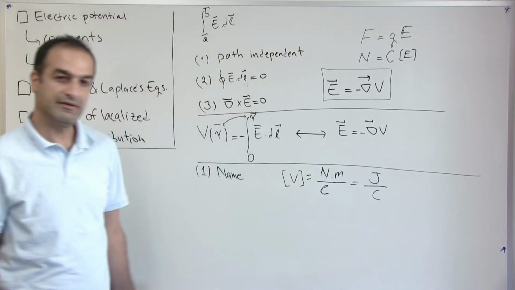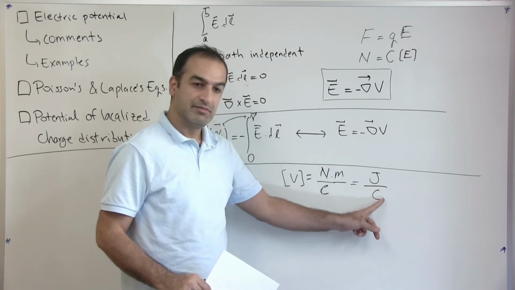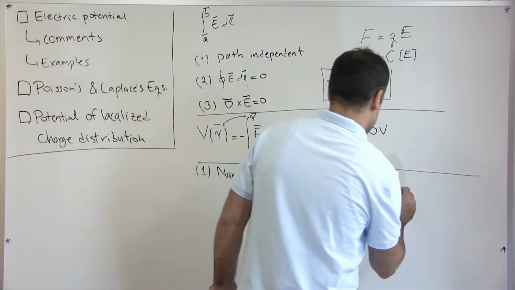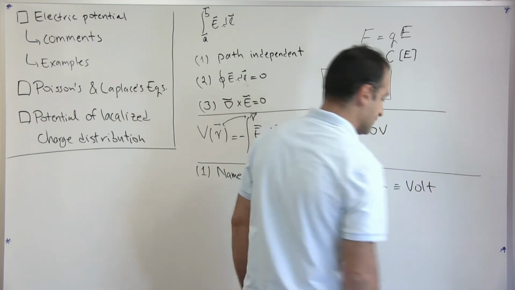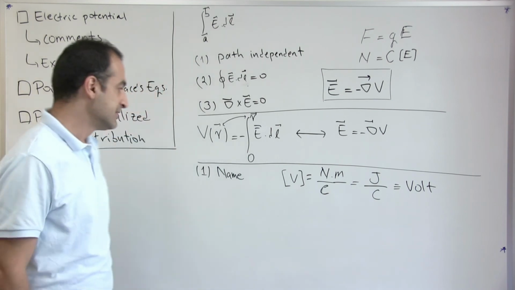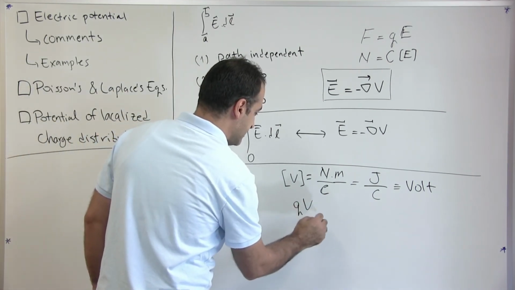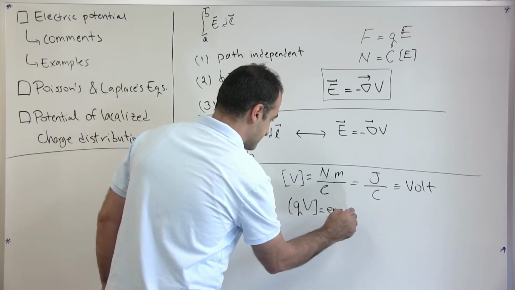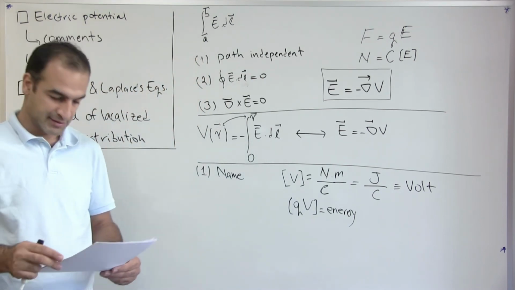So the unit of electric potential is not energy, it's energy divided by electric charge. Okay, and the name of this is volt. Okay, so V is not energy, but if you multiply Q by V, then the unit of this is energy. Sounds good?